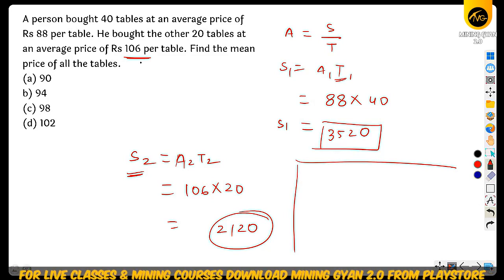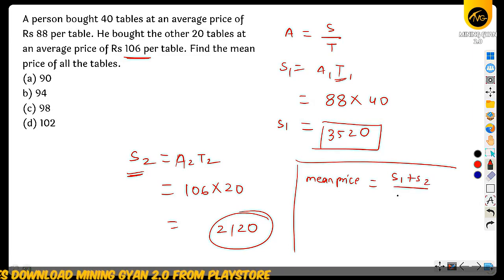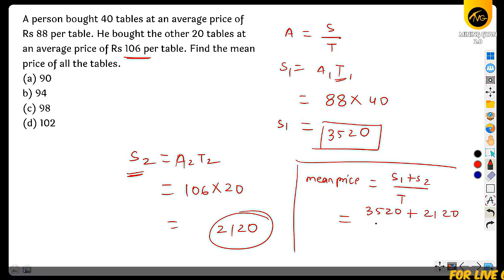Mean price, that means also the average price of these tables. So mean price is equal to S1 plus S2 divided by total number of elements. Now S1 is 3520 rupees and S2 is 2120 rupees. Now divided by total number of elements.